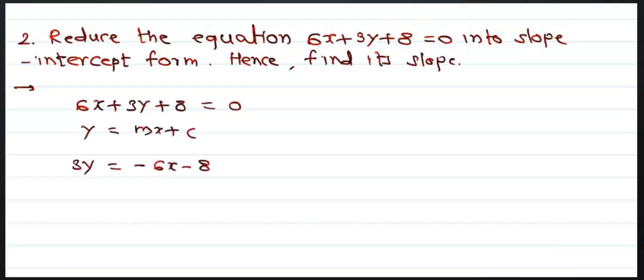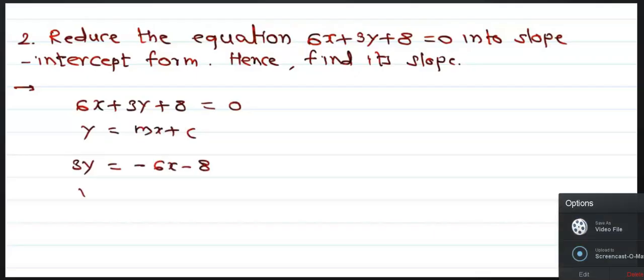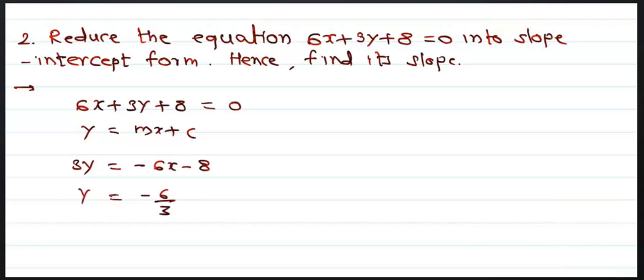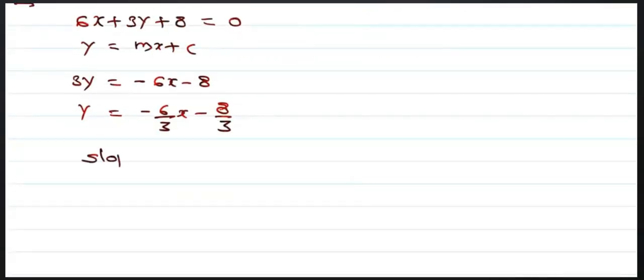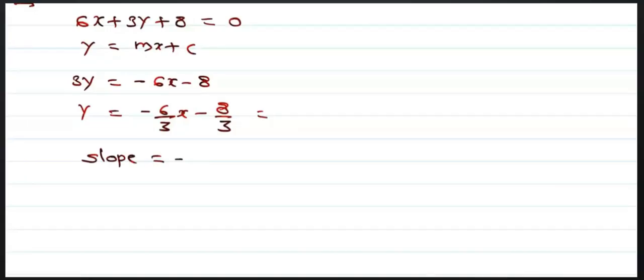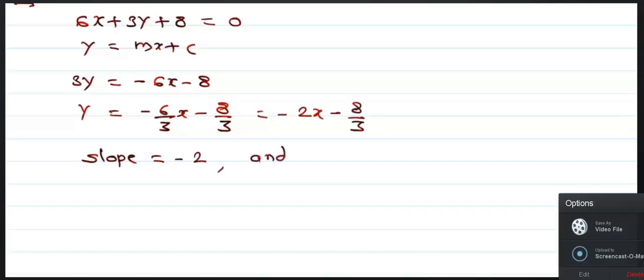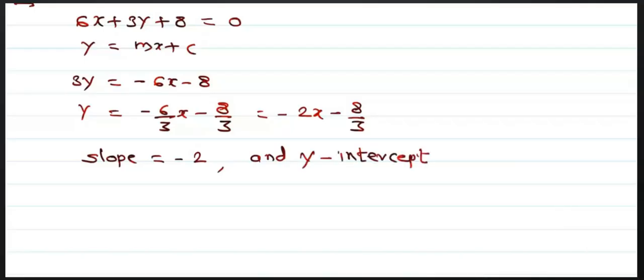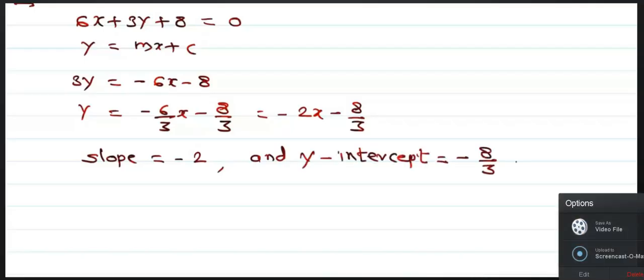We will write it in this form. That is, 3y is equal to minus 6x minus 8. It is simple. Therefore, the slope is minus 2 and the y-intercept is minus 8 upon 3.